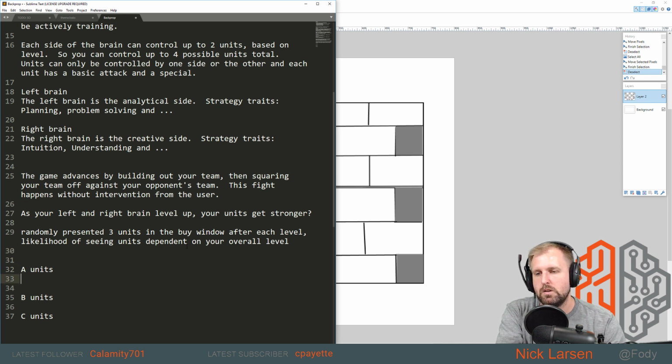Likelihood of seeing units dependent on your overall level. So there's going to be like 3 levels of units, and then you can have two traits each. Units have 2 traits each, like class and race.